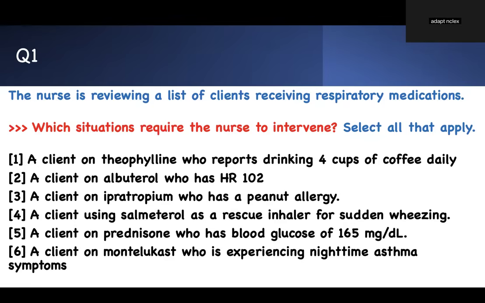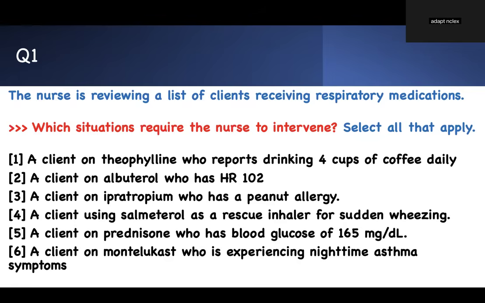Something is not right. They are all medications associated with the respiratory system. Say each patient, whose situation you should worry about? A client on theophylline who reports drinking 4 cups of caffeine daily. That's one patient. Second patient is on albuterol with a heart rate of 102.